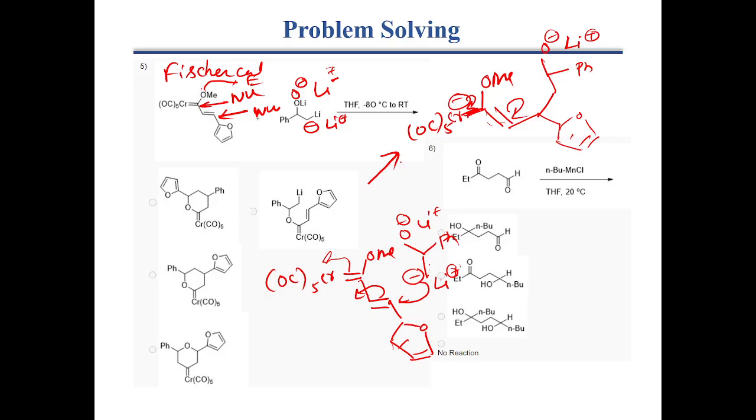This will give this product: Cr(CO)5 double bond OMe, CH2CH2, furan, phenyl, O minus Li plus. Now this O minus reacts further with the carbene and this will go. This will form a 1, 2, 3, 4, 5, 6 member ring.